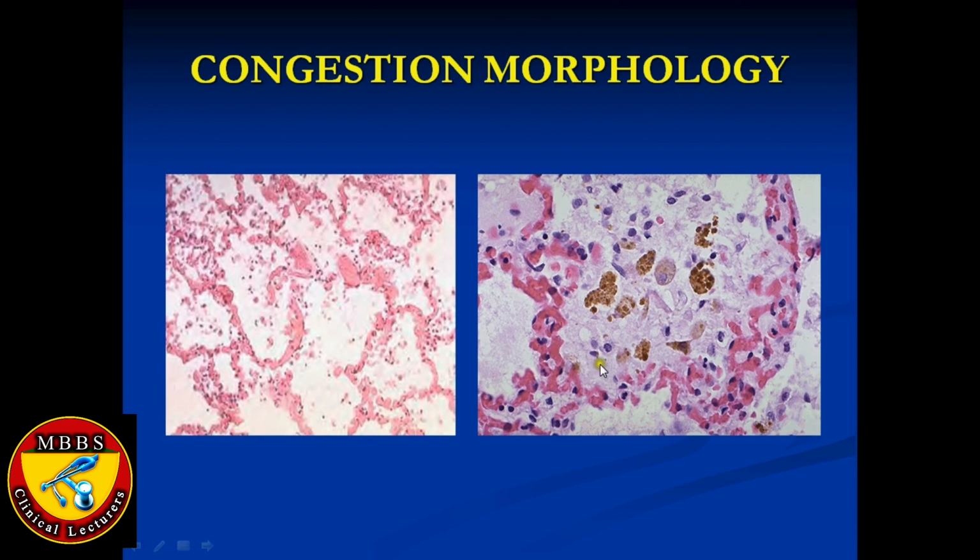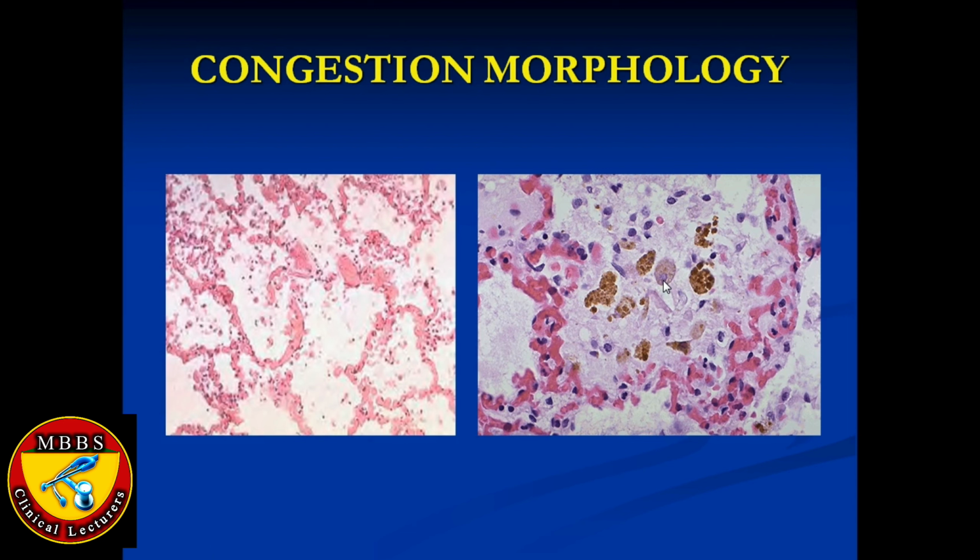The alveolar septi are quite broadened by the accumulation of fluid, which has also come out into the alveolar spaces. And not just the fluid, but RBCs are also present within the alveolar spaces. The hemoglobin within the RBCs is released and degraded into hemosiderin. This hemosiderin is then taken up by the macrophages and converted into hemosiderin-laden macrophages.